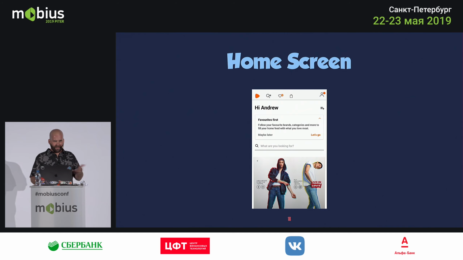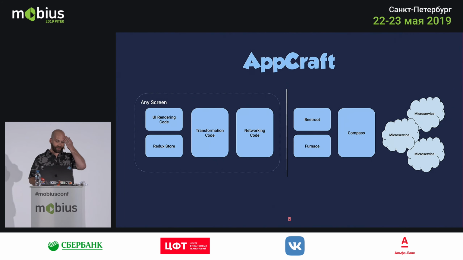And if you take it a step further, to solve the problem of different API responses for different screens, we started thinking, what if there was a way that you could define the layout and the data for every screen in the exact same way, regardless of the data source? It sounds like a pipe dream, something impossible, but we tried.